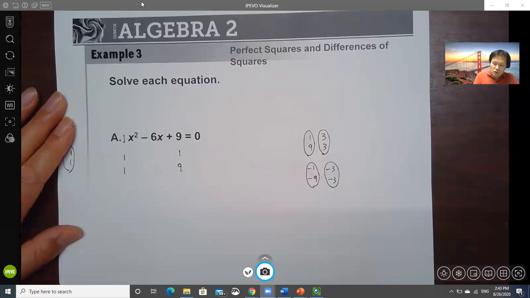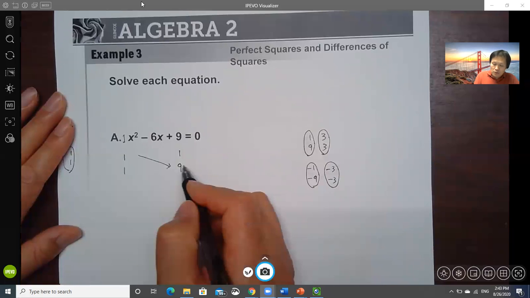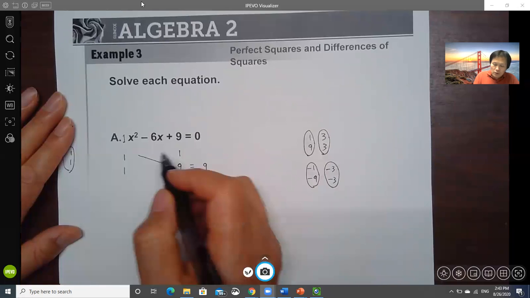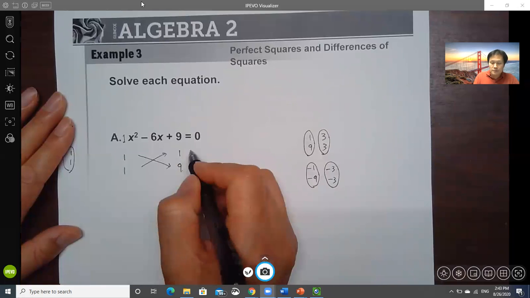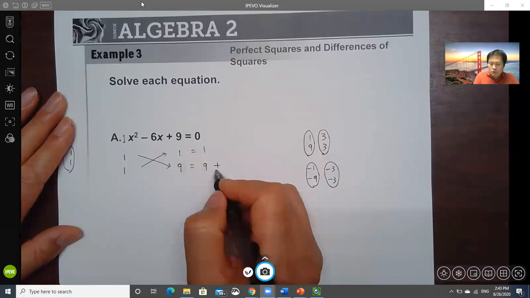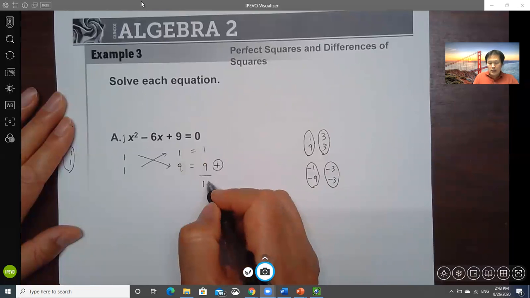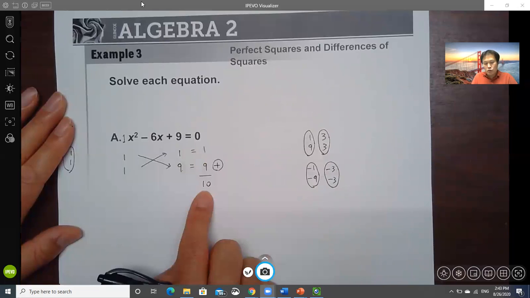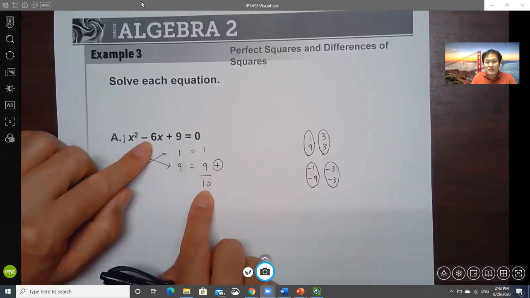Then what? Multiply cross. 1 times 9 equal to 9. 1 times 1 equal to 1. Add them. 1 plus 9 makes 10. This number should match coefficient of x, the number inside. We are looking for minus 6. We have 10. It's not working.